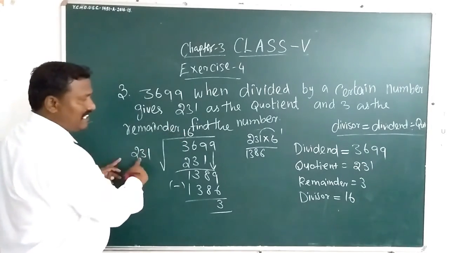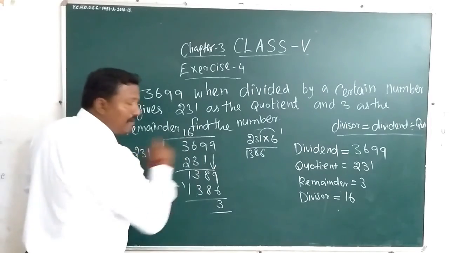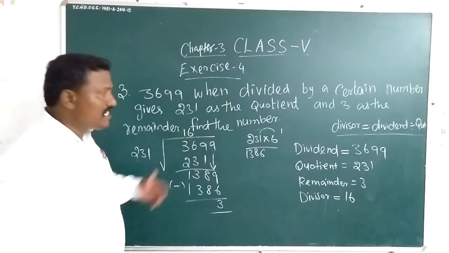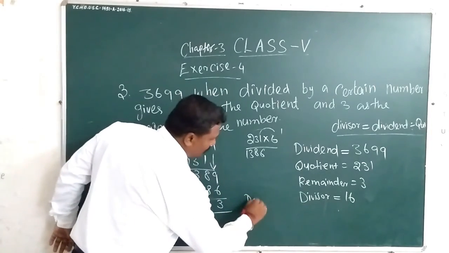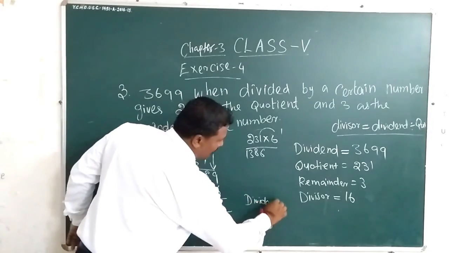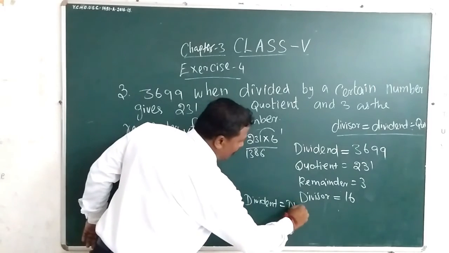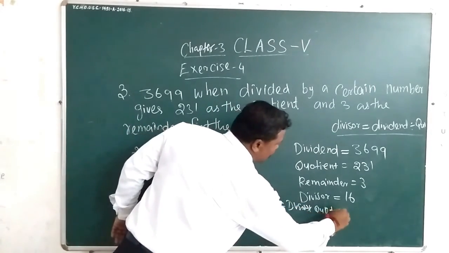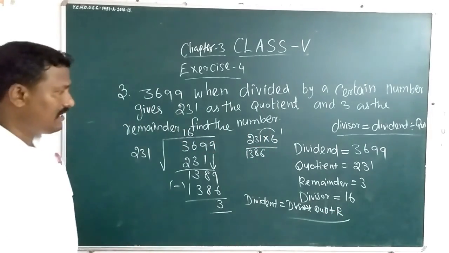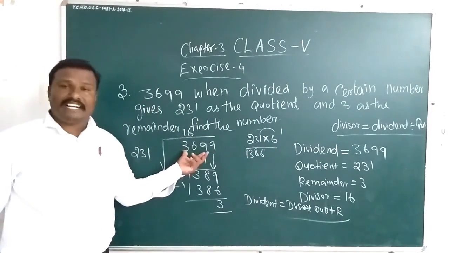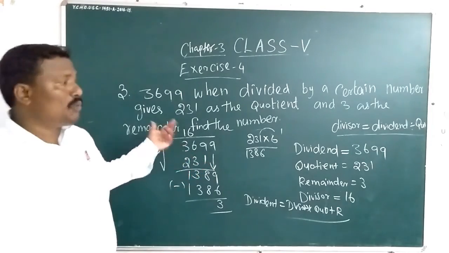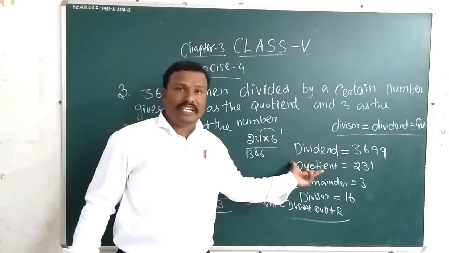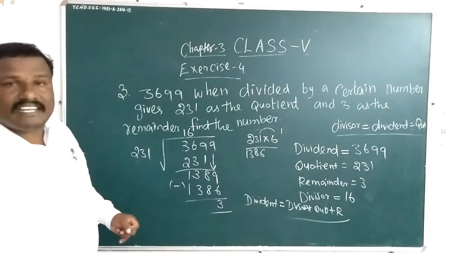If you multiply this, then finally add the remainder, then you will get this number 3699. If you get this answer, your answer is correct. So divisor 16, remainder 3, quotient 231, the dividend is 3699. Okay.